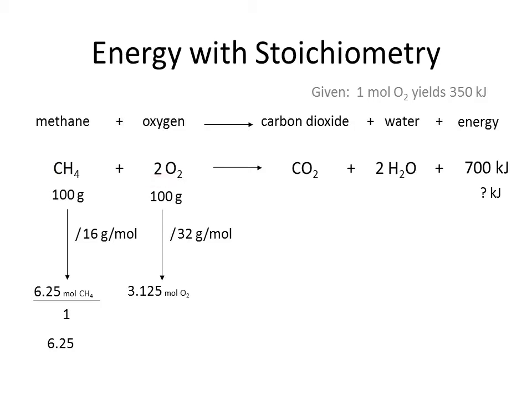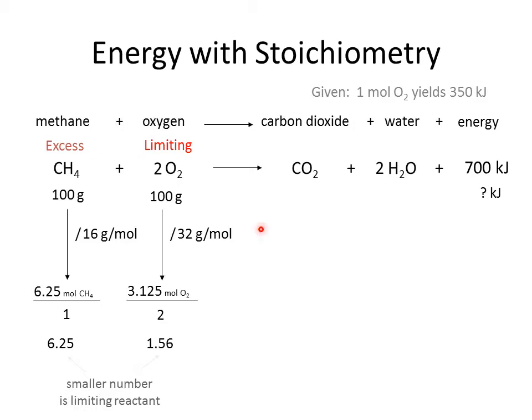Oxygen has a coefficient 2, so considering that, I'll take my 3.125 moles of oxygen, divide by 2, and get the number 1.56. Now, looking at these 2 numbers, the smaller of the 2 numbers, right here, is going to be the limiting reactant. So therefore, oxygen in this case is limiting, and methane is excess.